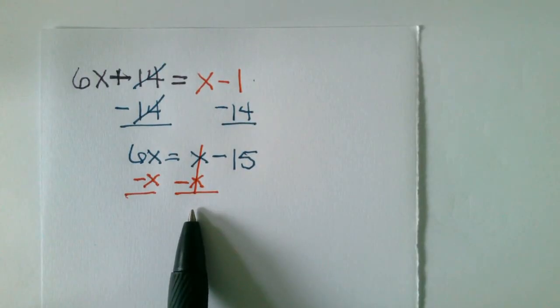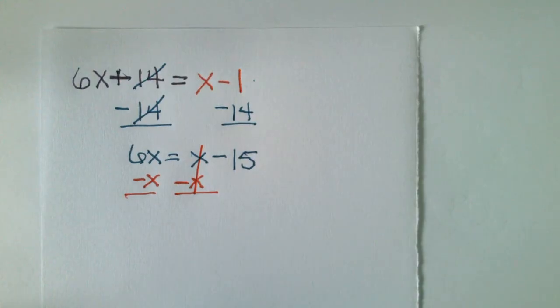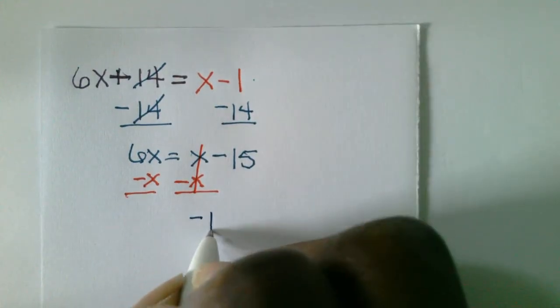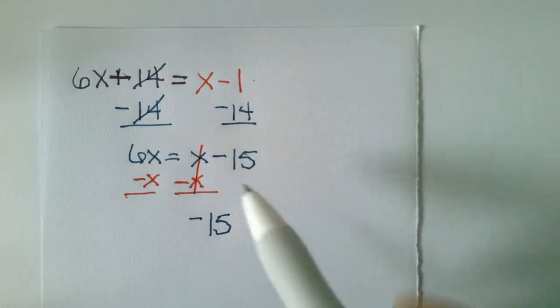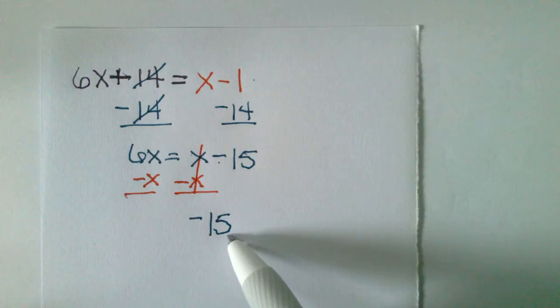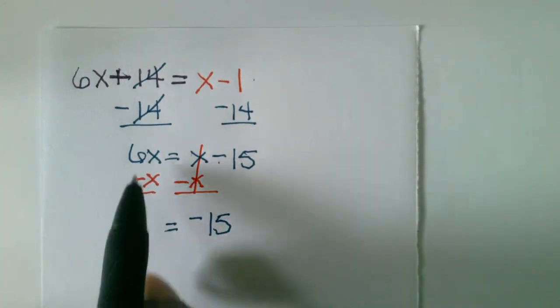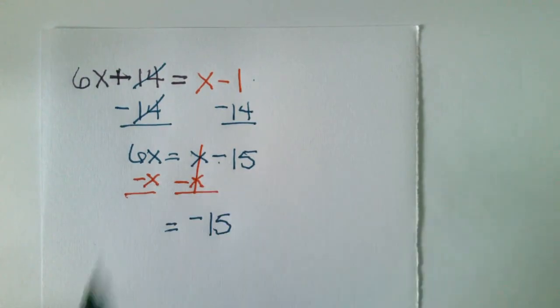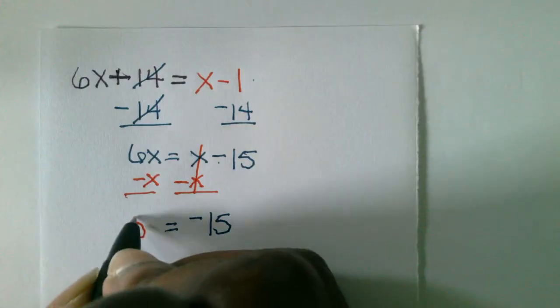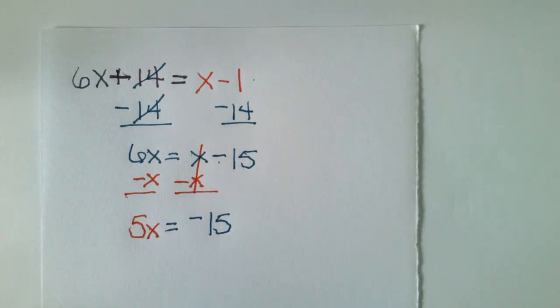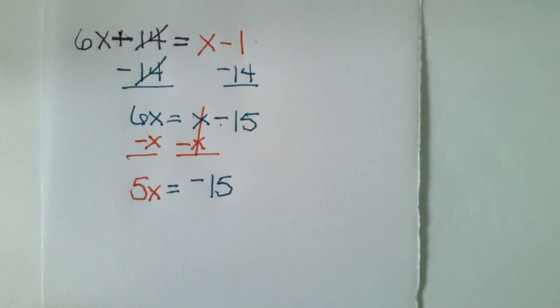Everything is gone, so the only thing that comes down is my negative 15. Do not forget to bring that negative down with the 15. And now 6x minus 1x gives me a positive 5x. All right, not a problem.